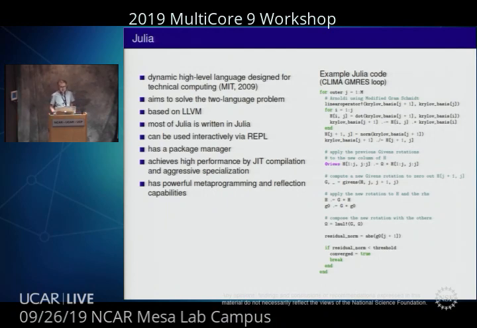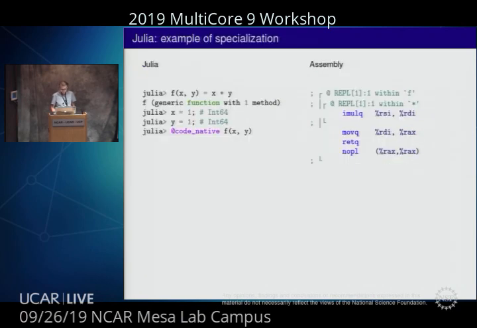It can be used interactively and has features that we expect from a modern language, like a package manager. And it achieves performance by just-in-time compilation and aggressive specialization. I will show an example in just a moment. And it also has some very powerful metaprogramming and code generation, reflection capabilities.